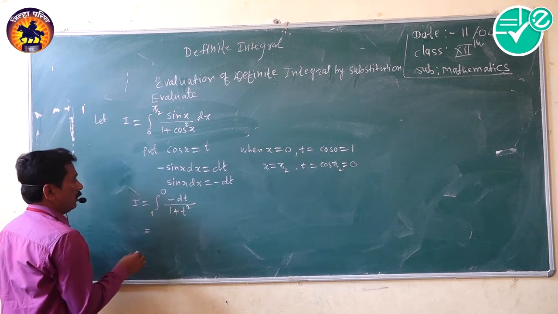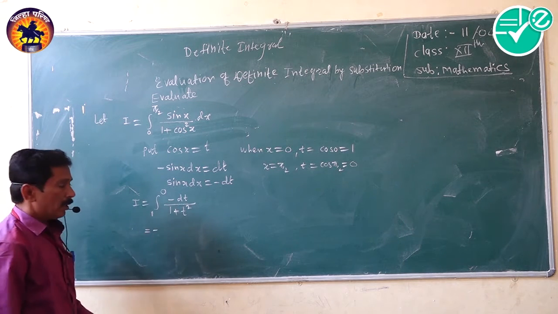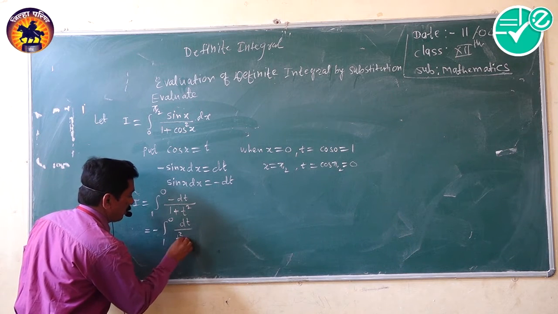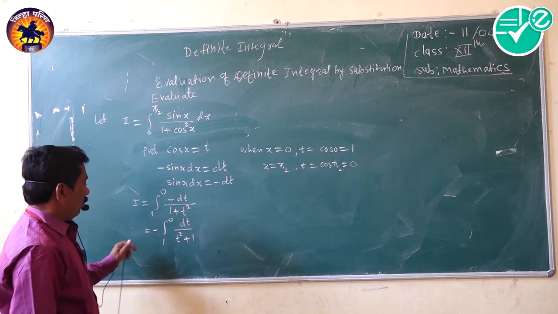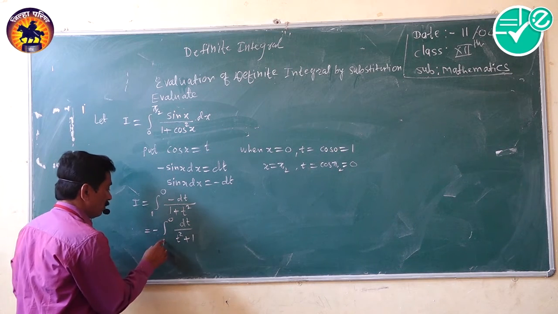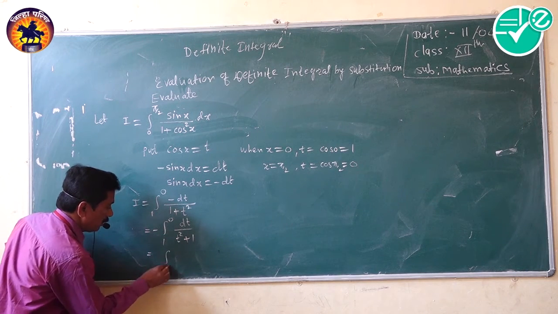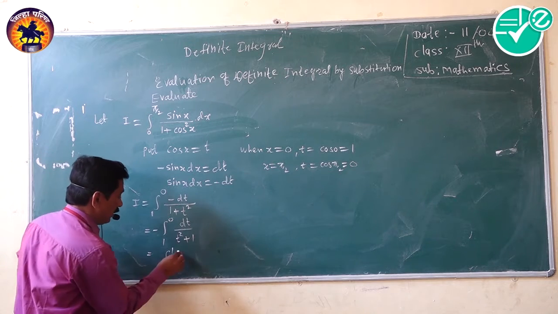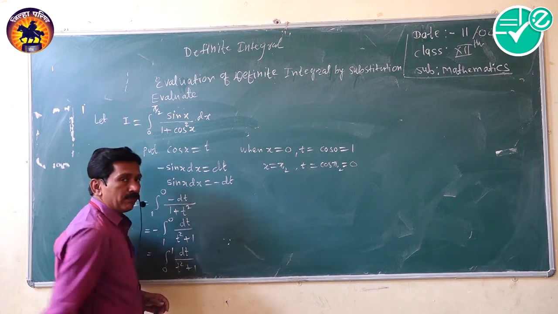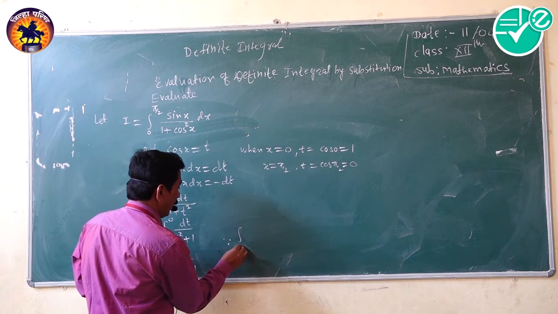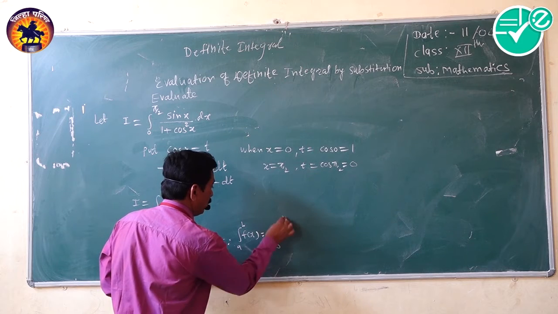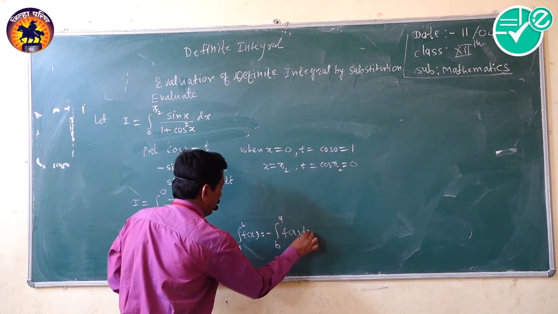This is equals to, now this minus can be taken out of the integral, 1 to 0 dt upon t square plus 1, or we can write this also, that is changing limits, that is 1 to 0, 0 to 1, therefore minus will become plus dt upon t square plus 1. We can write here the property, that is integration from a to b f of x is equals to minus integration from b to a f of x dx.